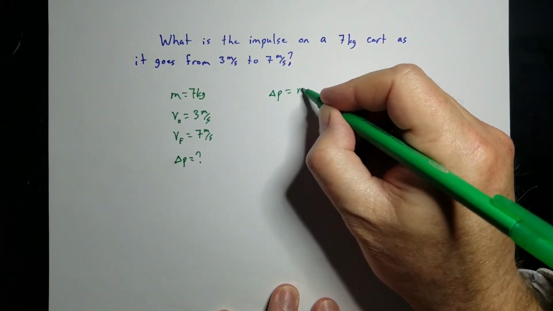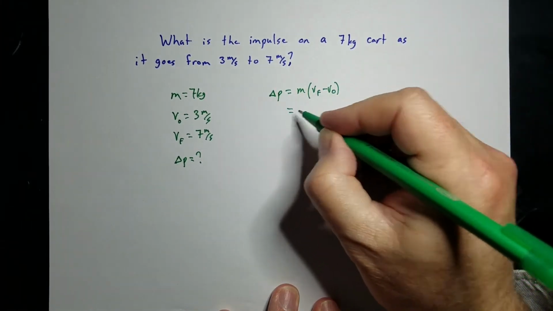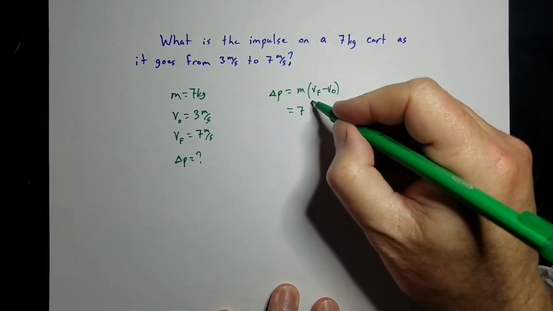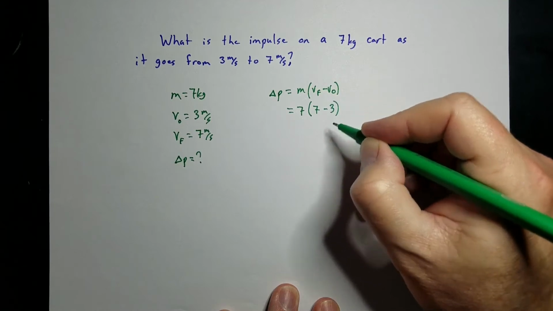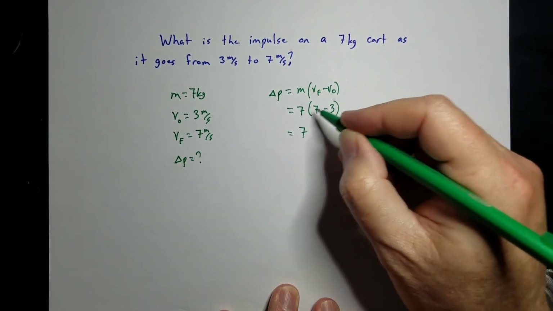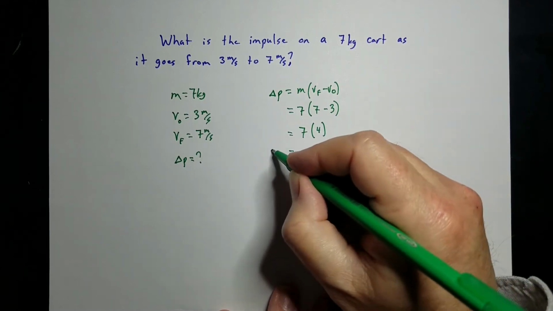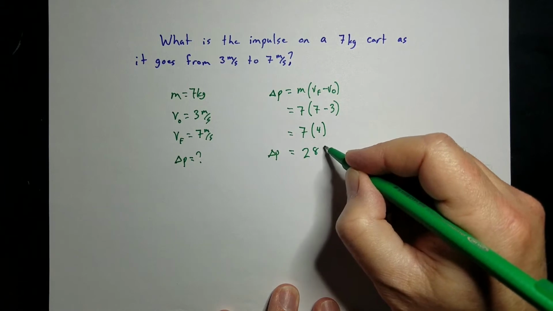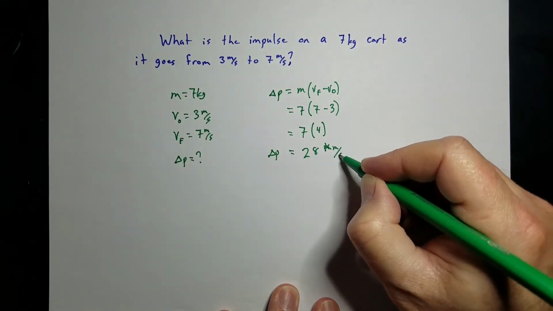Delta P equals m(vf minus vo). And go ahead and plug things in. Mass is 7. Final velocity is 7. Original is 3. Do the parentheses first. And we get an impulse of 28 kilogram meters per second.